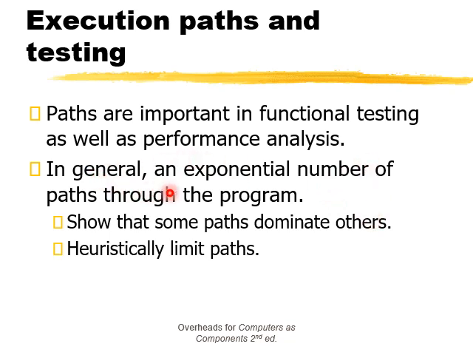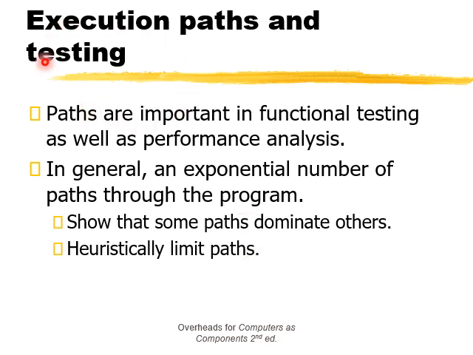In general, there is an exponential number of paths through the program, but some paths dominate others. Obviously some paths will be followed more often and others less, depending upon the condition. So heuristically we limit paths, on the basis of conditions and our history.